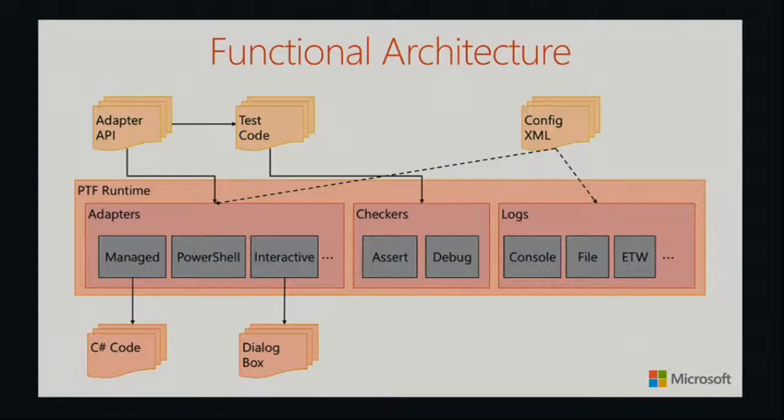When you enable the ETW logging, we can use a capture tool like MMA to capture the network messages and also the test log messages. The logging and adapters can be configured by the PTF configure file, which are XML files. And for the adapters, we need to implement them using either PowerShell or managed code.